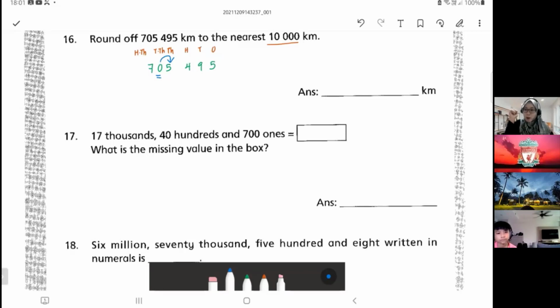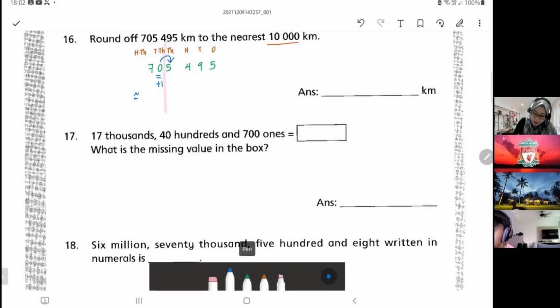So if the number that you point to is 5 or more than 5, then the number you underline must add 1. So this one must add 1. Okay, why? Because it's 5. Once you get that, I always draw a line after the number I underline.